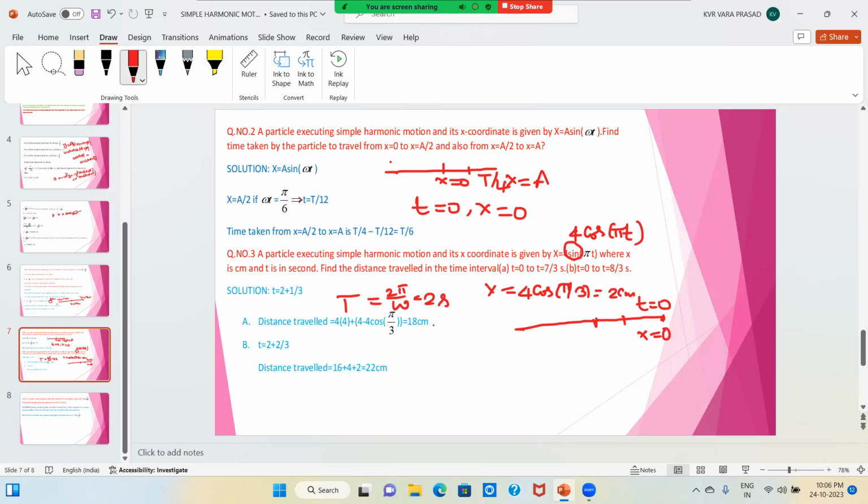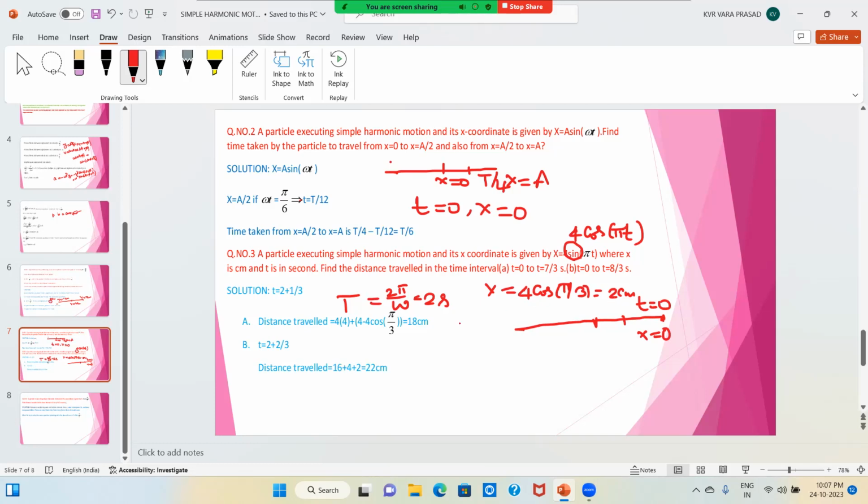One thing is that we are given the amplitude as 4. So luckily, whether you count from the right extreme to x equal to 2 or from the mean position to x equal to 2, the distance covered is the same. But remember, x equal to 2 gives us a position coordinate, it is not distance traveled.